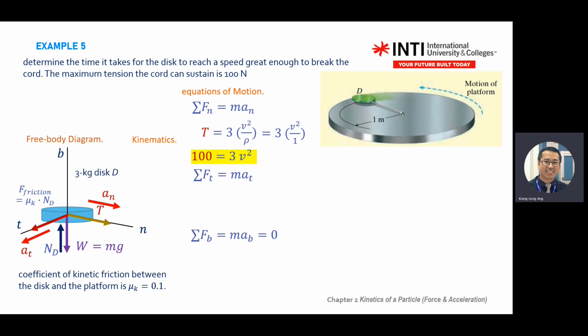If you get v negative, let's say you get v equal to negative 2 meters per second, what does it mean? This diagram gives you this direction. So what does the object do if you get a negative value? Will it rotate the other way?